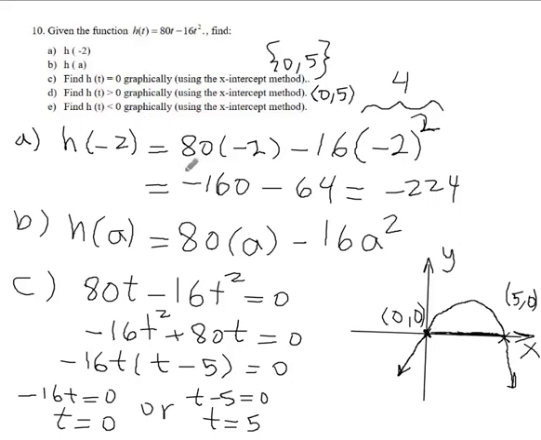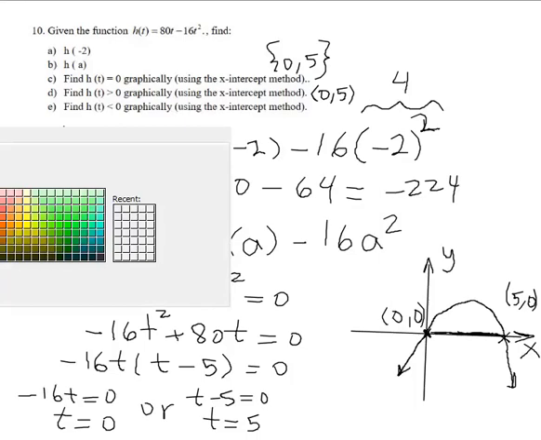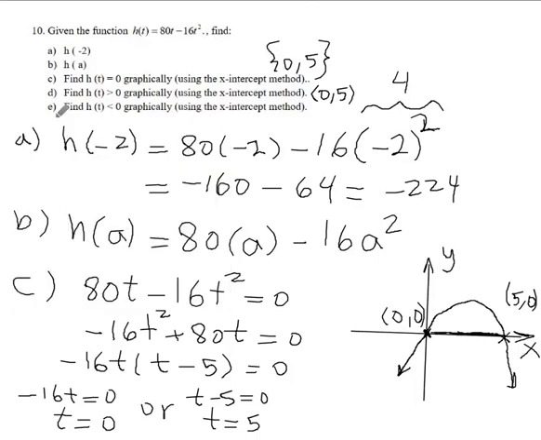And when it's less than 0, it would be all the values from negative infinity to 0 and from 5 to infinity. So for part E, the solution would be all the numbers from negative infinity to 0, and union means we're going to include also all the numbers from 5 to infinity.